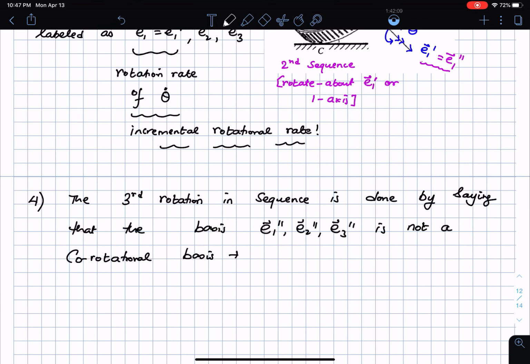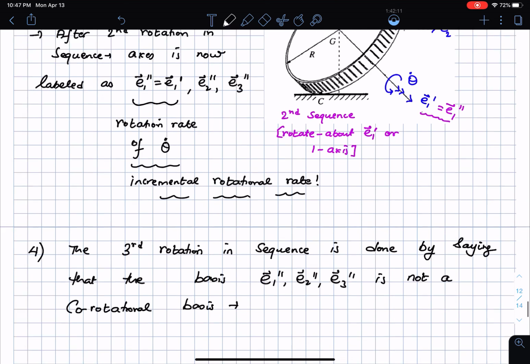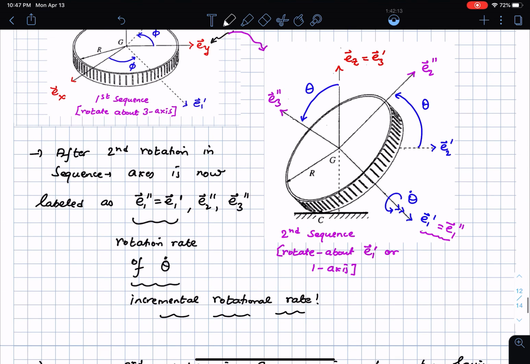And what we are essentially saying is that since it's not a co-rotational basis, I am rotating with respect to this E1 double prime, E2 double prime coordinate system, or unit vector system, by an angle psi, which is going to capture the spin of the coin.